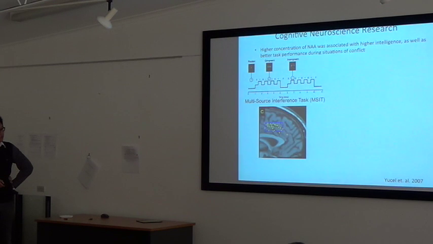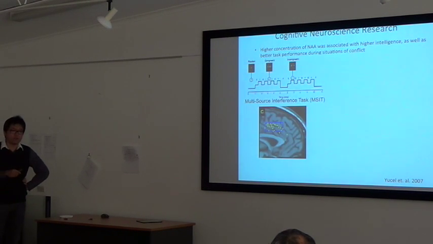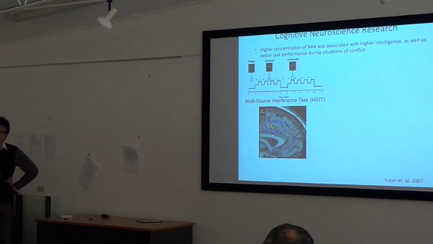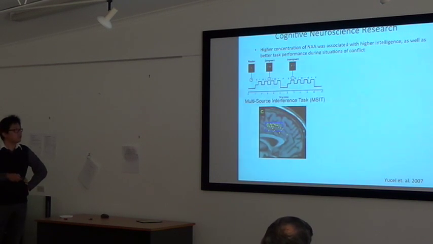So this is a project using both task functional MRI and spectroscopy, looking at the role of NAA during this task. The subjects are doing the task in the scanner, and all these yellow dots indicate the activations of the anterior cingulate, which is induced by this task.